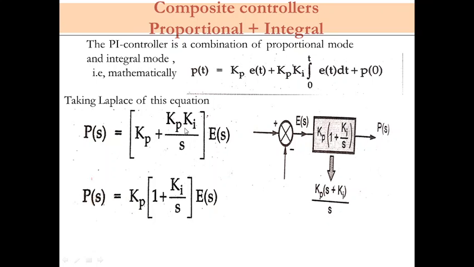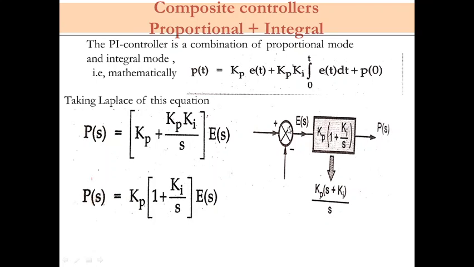Then the divided by s is there because of the integral sign in the integral mode portion. The Laplace transform of any function with an integral sign will be 1 by s into that function. Further, we can take Kp as a common term, so we get P of s equal to Kp into 1 plus Ki by s, into E of s.